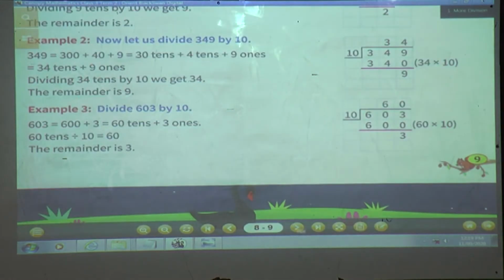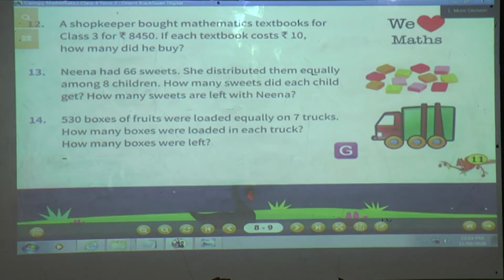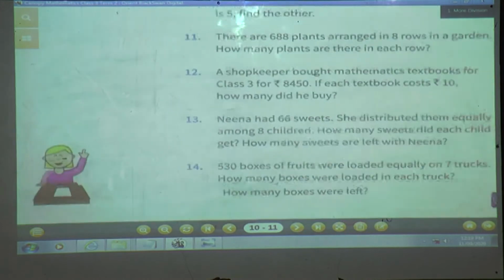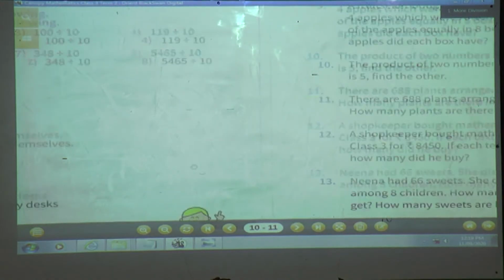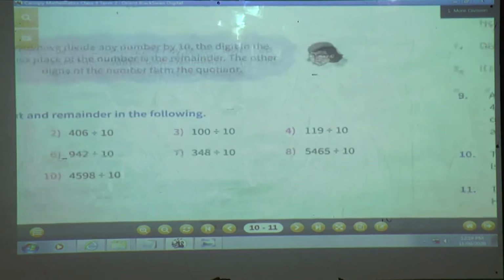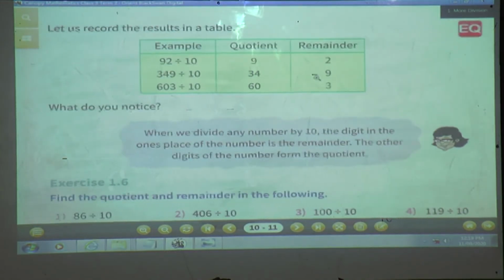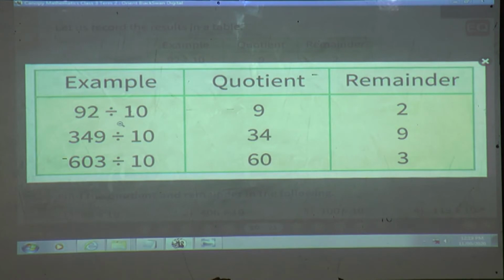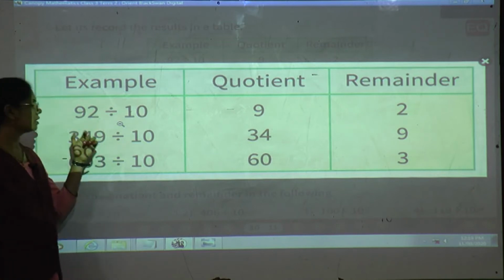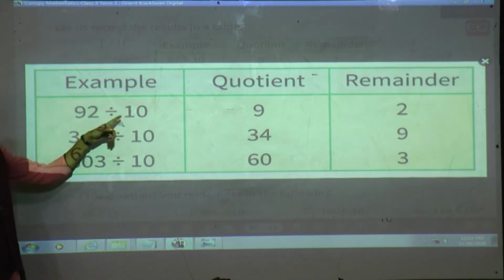Okay, clear? Now from this example what can you say? Here we can form one table. What was the first example we have seen? 92 divided by 10.